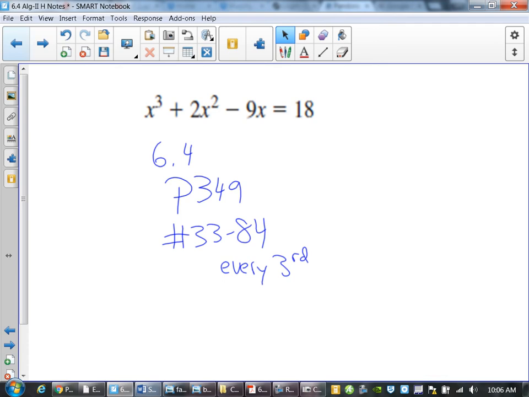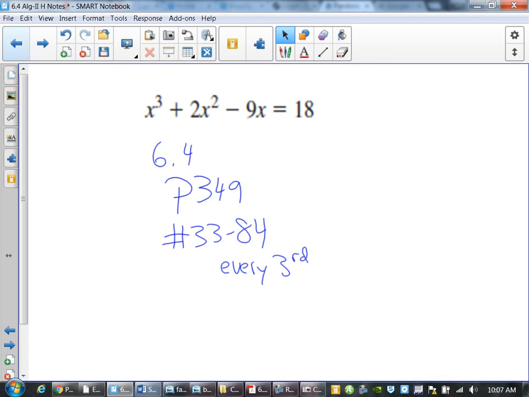Wouldn't that be going by every other odd? Go every third on those. So wouldn't that be going in nines? Okay, yeah, go every third on those.